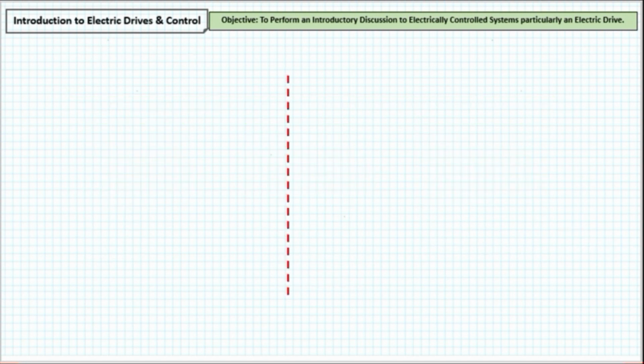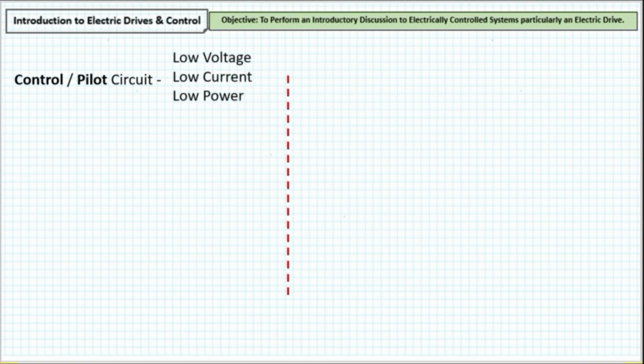One of the most fundamental characteristics of an electrically controlled system is the differentiation of the control signals and what is being controlled. So our electrically controlled system is divided into two parts. First is the control or pilot circuit, which is influenced by low voltage, low current, and low power.